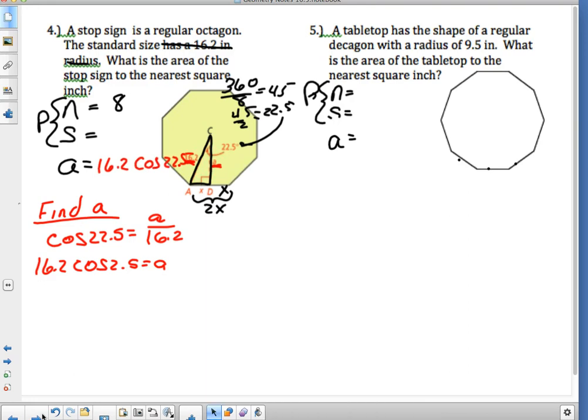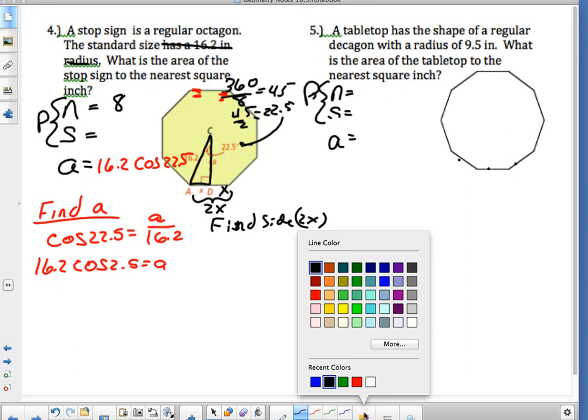Okay, I'm going to move that smudge there so that's a little clearer. Now, to find my next piece, I got to find my side, which is 2x. I want to make sure you realize it's 2x. I grabbed the wrong color, so let's do some color coding here.